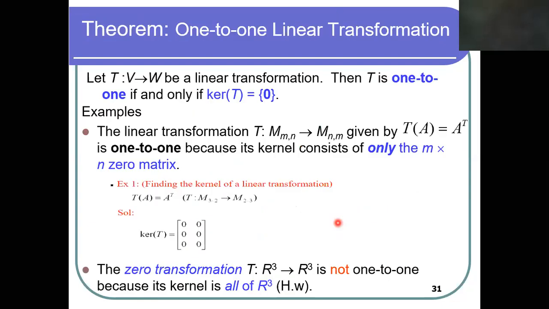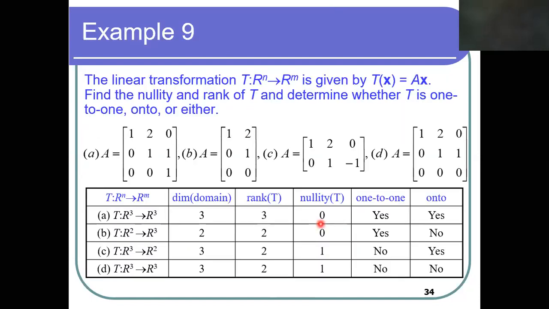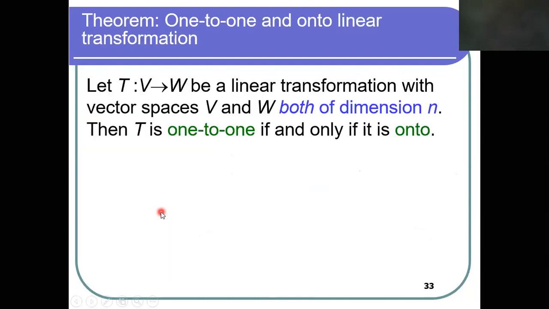So in that case the nullity is 0. This is one-to-one, and this is also onto, because the dimension of the range and the dimension of the codomain are the same. I just applied this theorem.